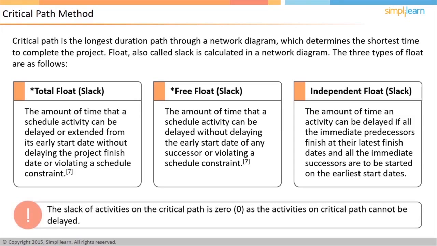Critical path actually represents the project duration. Delaying activities on the critical path is as good as delaying the project duration. Concept-based questions on critical path can be expected in the exam, so it is essential to have a clear understanding of the concept. In the next screen, let us learn how to calculate float.